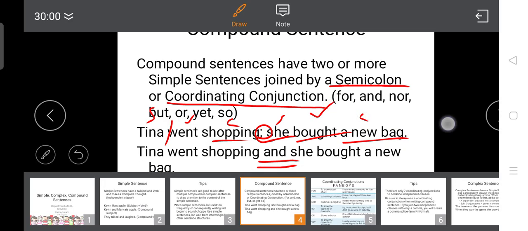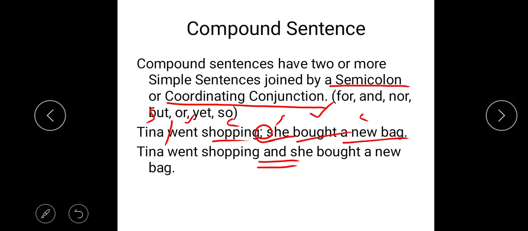So we have two simple sentences put together with a semicolon. And the second thing is coordinating conjunctions. As we can see, we are using the coordinating conjunction and in the second sentence to combine the two simple sentences.